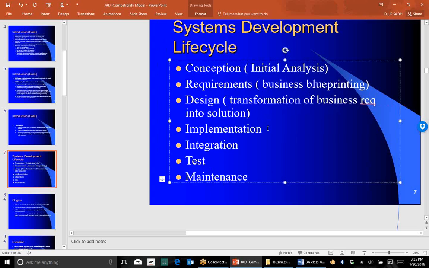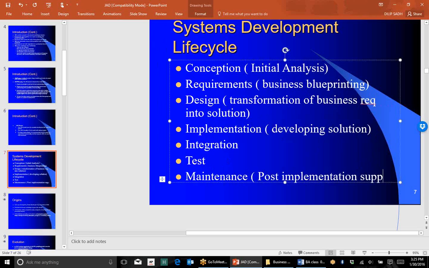Implementation, developing the solution. Integration, if they are different components. Testing means testing, and maintenance means post implementation support.